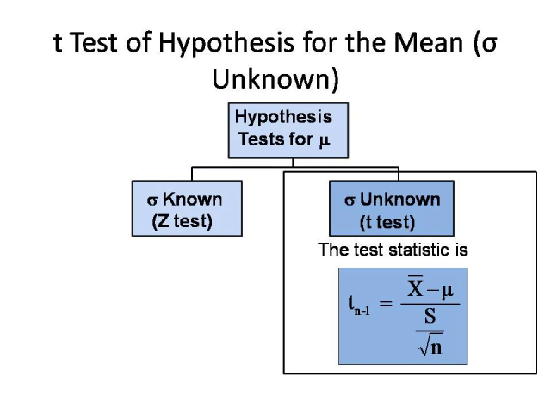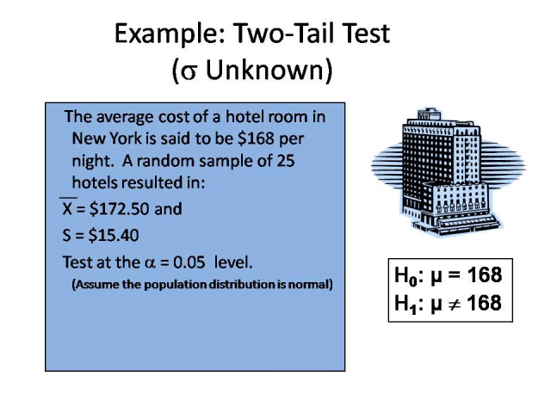What do we do if we're working on means and sigma is unknown? Well, no surprise, all we're going to do is use S instead of sigma and use the T distribution. So we've got a claim that the average cost of a hotel room in New York is $168.